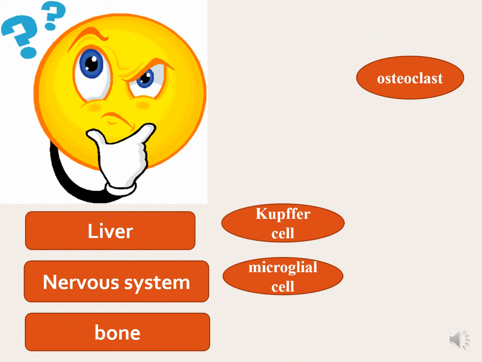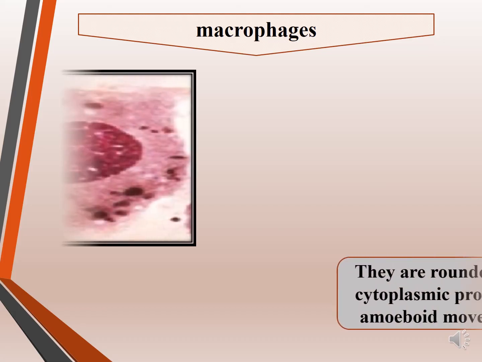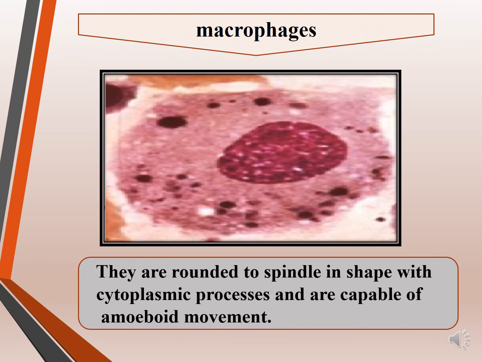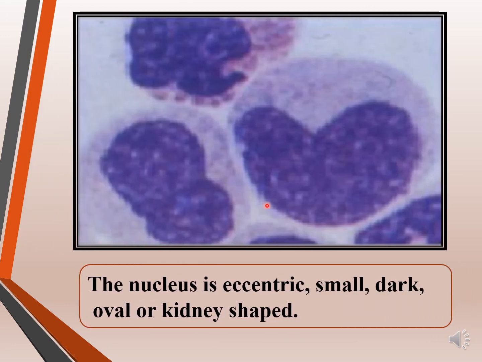In the bone, the macrophage is called osteoclast. The characteristic feature of macrophages is that they are rounded to spindle in shape, with cytoplasmic processes, and are capable of amoeboid movement. The nucleus of macrophages is eccentric in position.